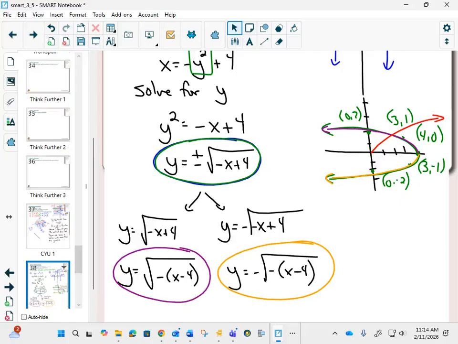But then it wouldn't work on your calculator as a function. So when your original graph doesn't pass the horizontal line test, that means your image graph of your inverse won't pass the vertical line test. Mathematicians have restricted things to make it work. And that's what we're going to see in our next example.